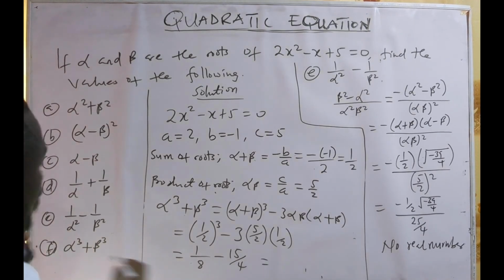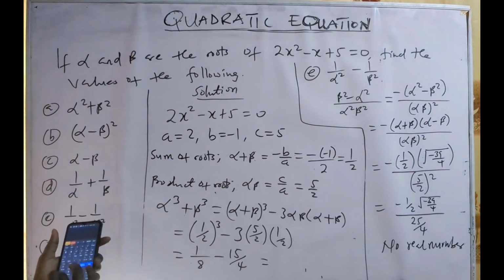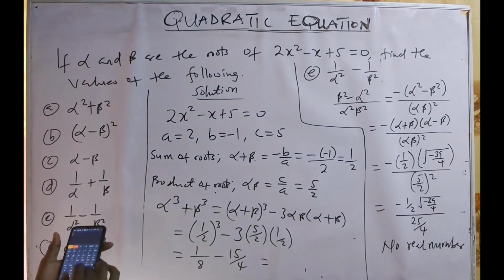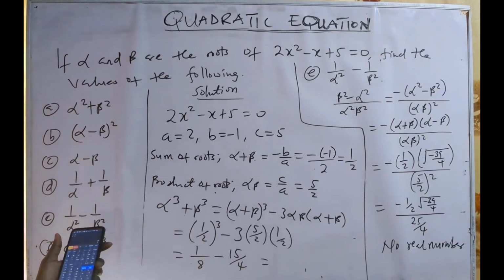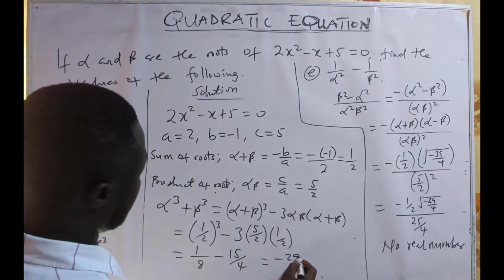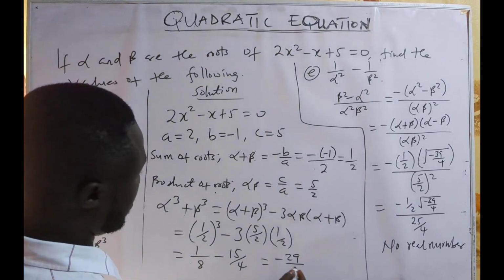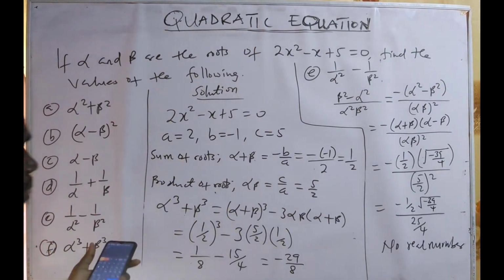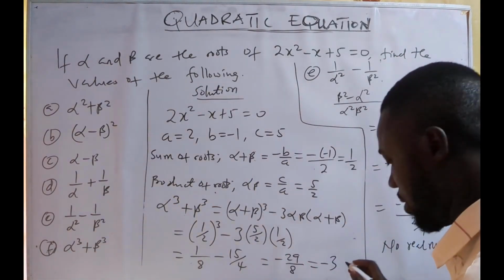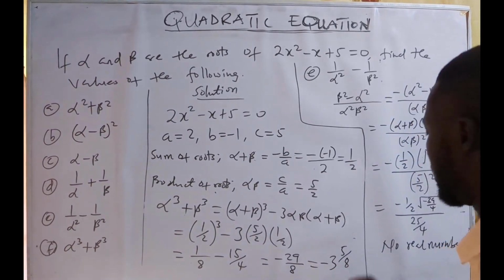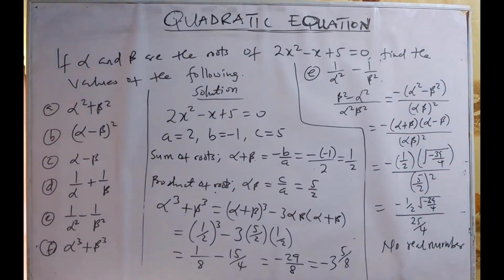So that we have 1 over 8 minus 15 on 4. That will give us minus 29 on 8. In mixed fraction, minus 3 whole number 5 on 8.